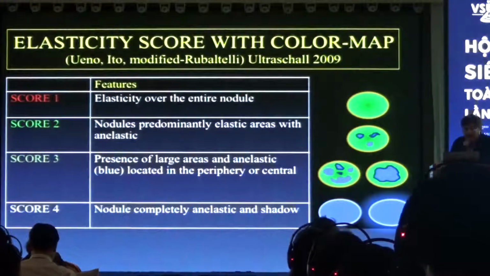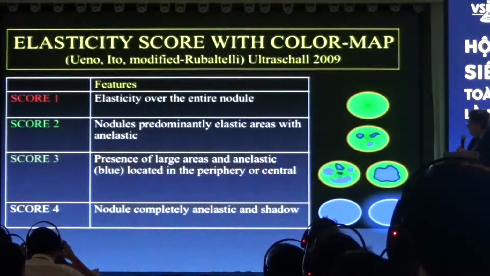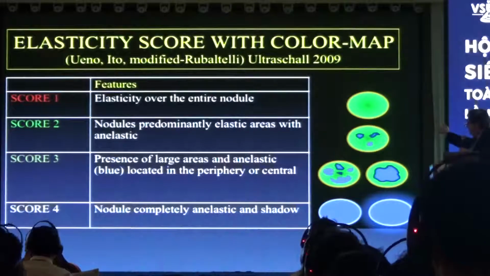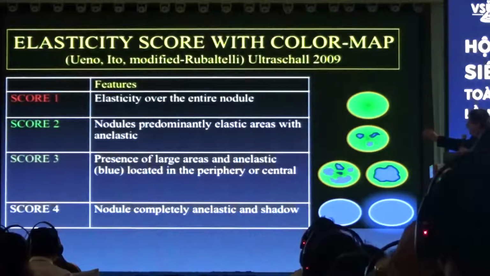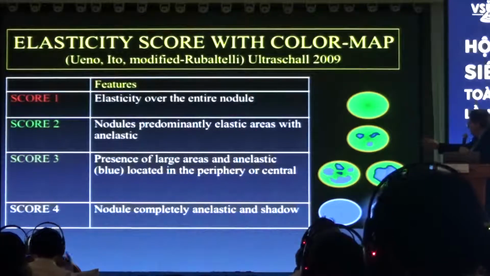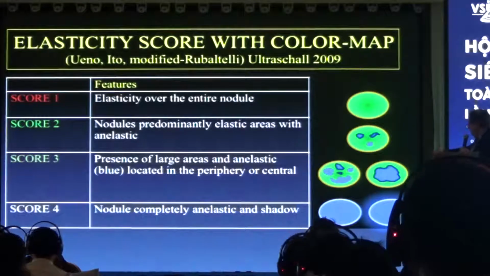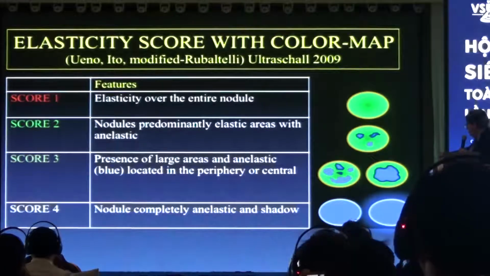And again, this is a 4-point color scale: 1, the lesion is very soft throughout the nodule. 2, the nodule is predominantly soft with some stiff areas. 3, there's a presence of a large area of stiffness. And 4, the nodule is completely stiff.